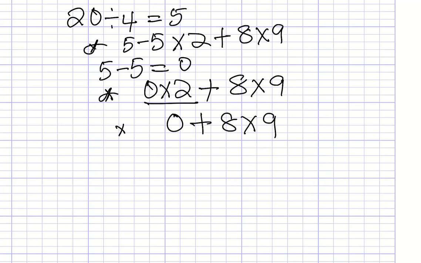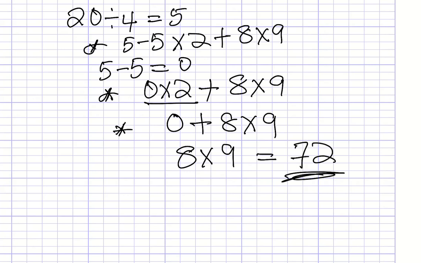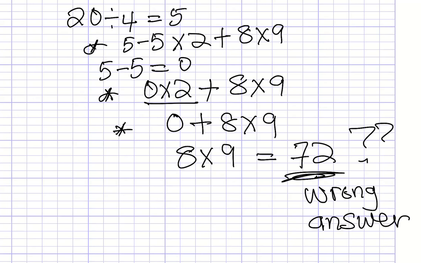And then 8 times 9 is 72. That's what we got, but this is wrong answer. I will explain to you why.